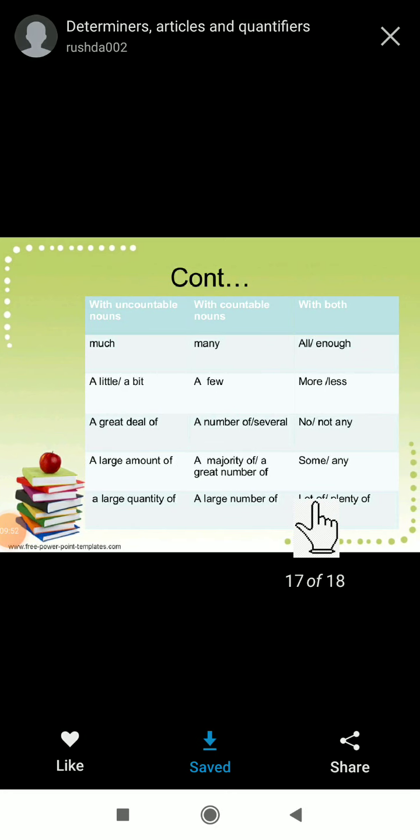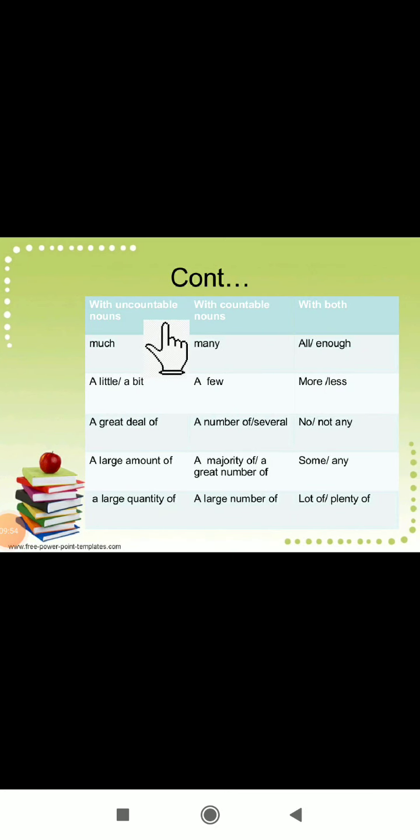Here again, a few words. With uncountable nouns, like milk, sugar, water, we use much, a little, a bit, a great deal of, a large amount of, or a large quantity of.